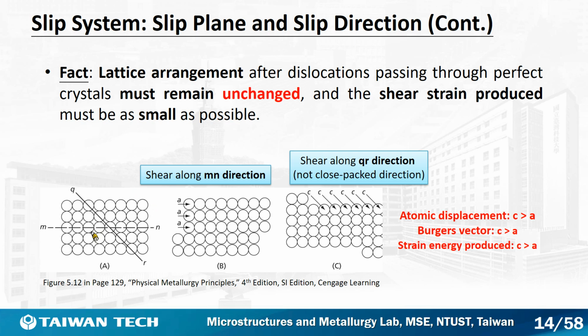So first, you can see a plane here, and we choose two different slip directions. First, the MN direction, and the other one is the QR direction. You can see here, MN is the highest linear density one.